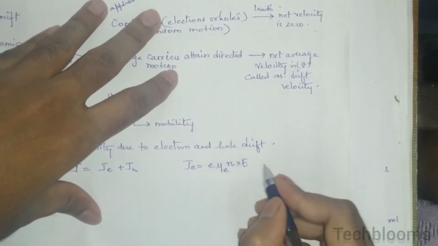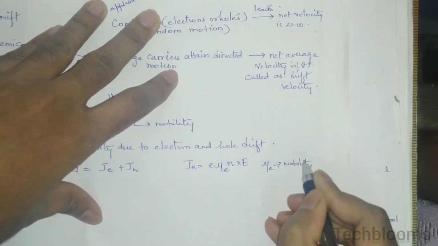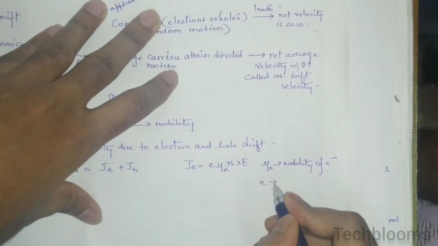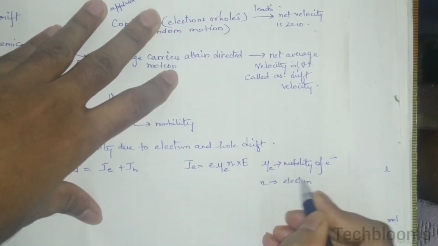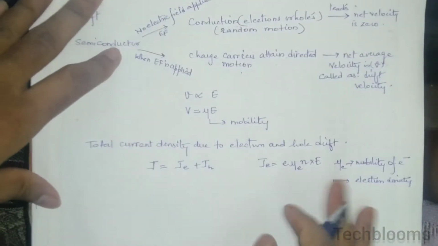Here mu E is the mobility of electrons, N is the electron density, and E is the electric field.